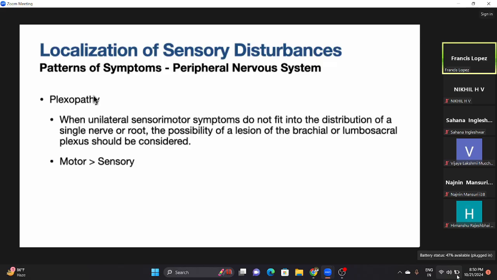Okay, so most of the time, plexopathies are unilateral sensory symptoms, and they do not fit the distribution of a single nerve or even a nerve root, spinal nerve root. Okay, so this is where the possibility of a brachial or lumbosacral plexopathy should be considered. But most of the time, motor features predominate over sensory disturbances in these plexopathies.